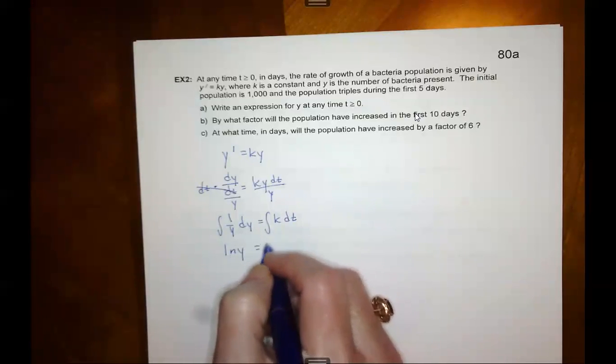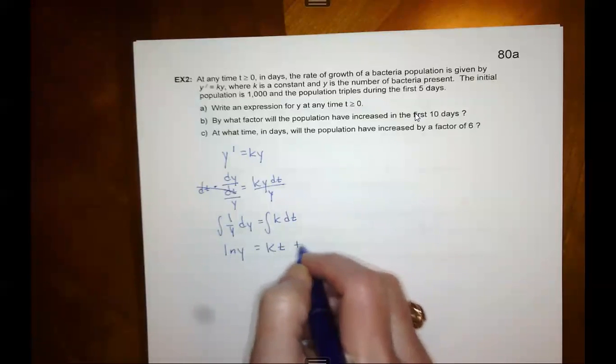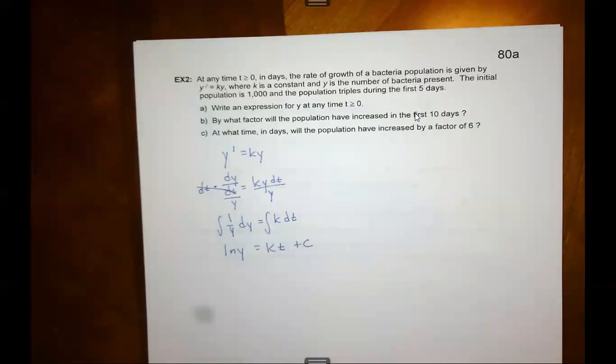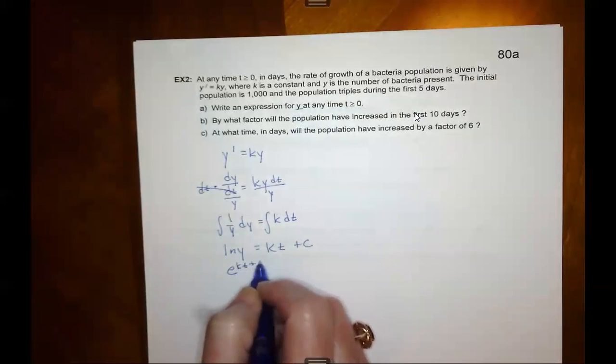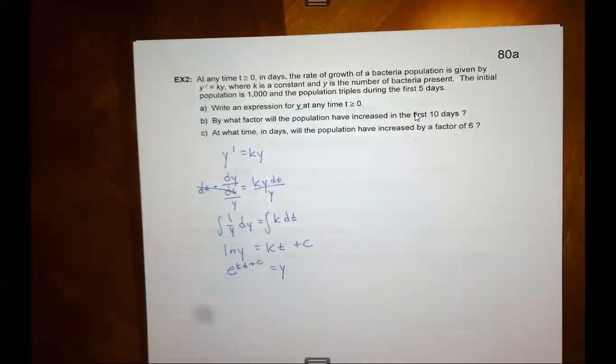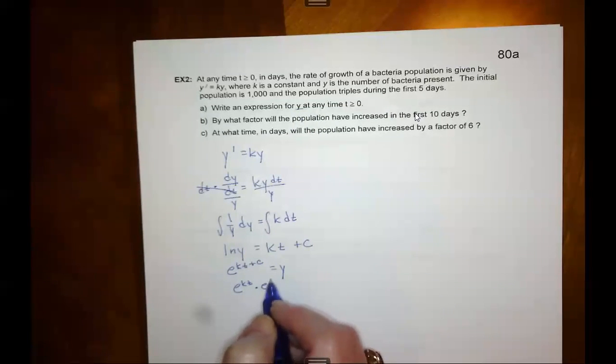The integral of k would be kt plus c. And again, they want that general solution, so we're going to go ahead and solve for y. So e to the kt plus c power will equal y. Remember, that's e to the kt times e to the c, and e to the c is just our constant. So c e to the kt power equals y.